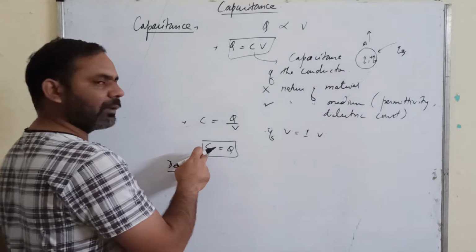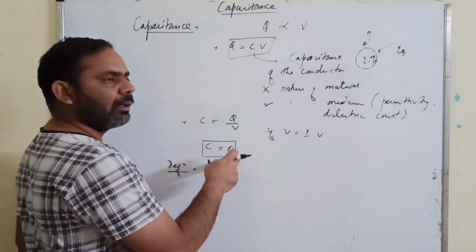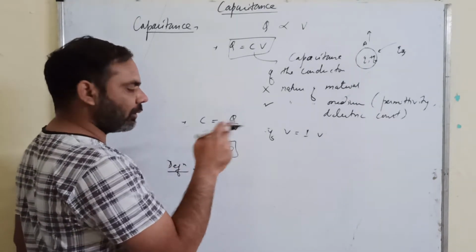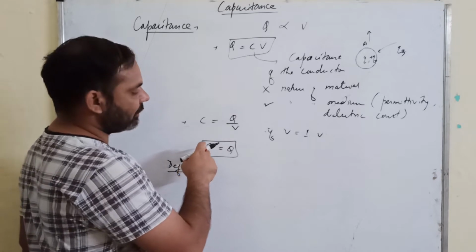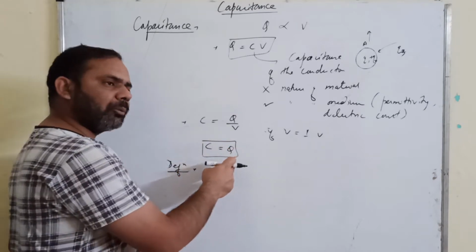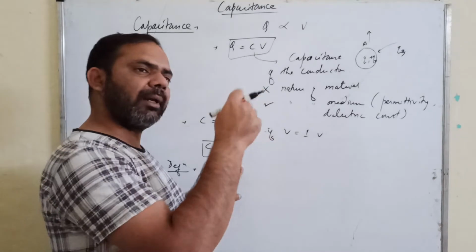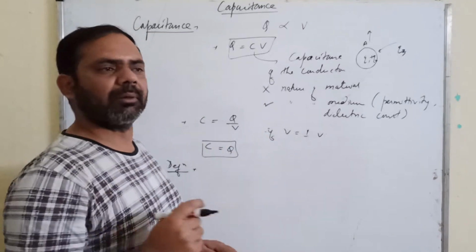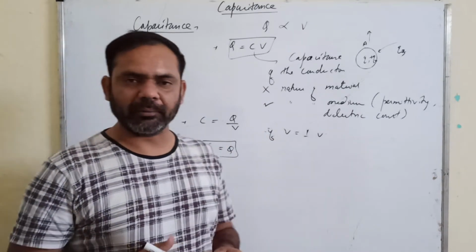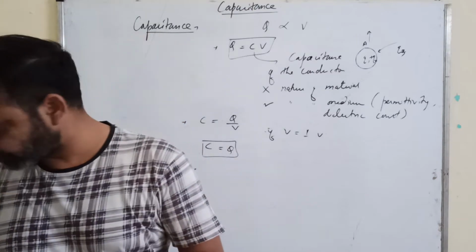The capacitance of a body is numerically equal to the charge that will raise its potential by 1 volt. This is the definition of capacitance.